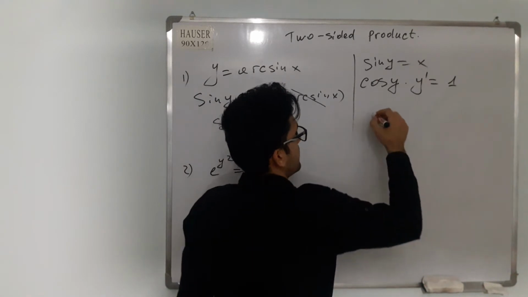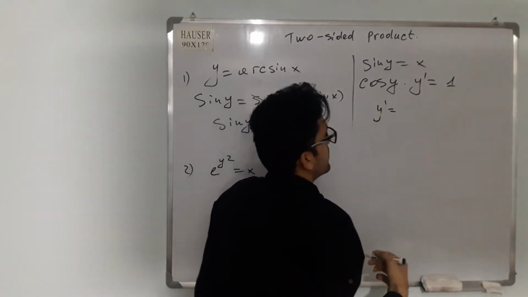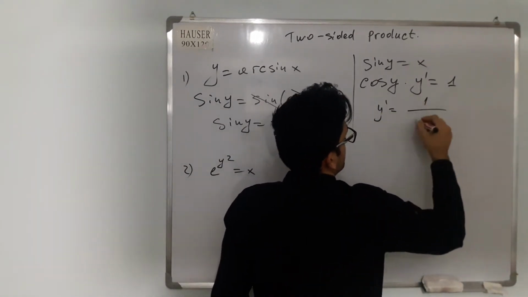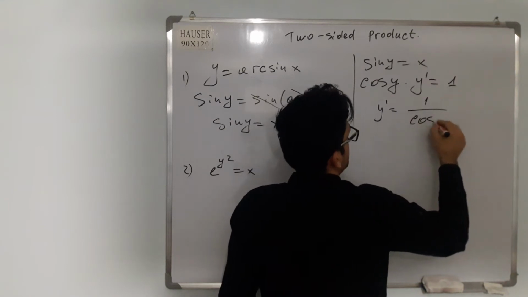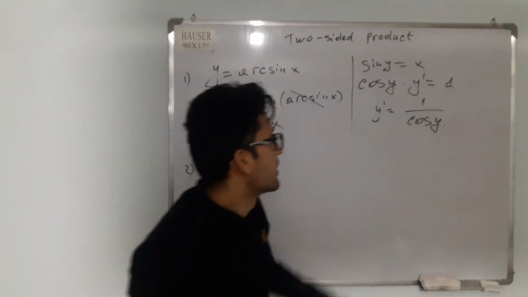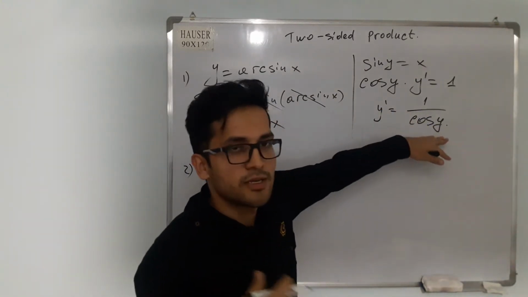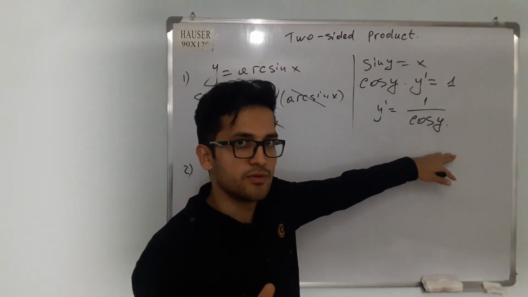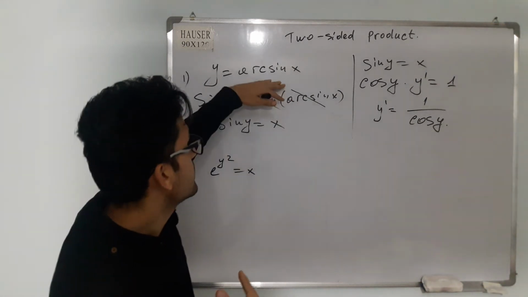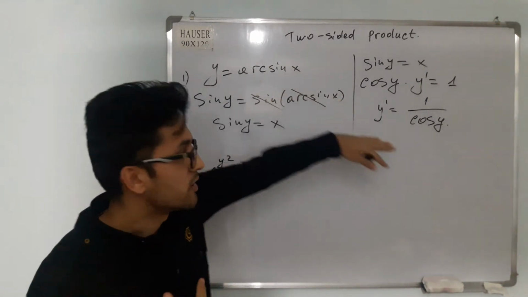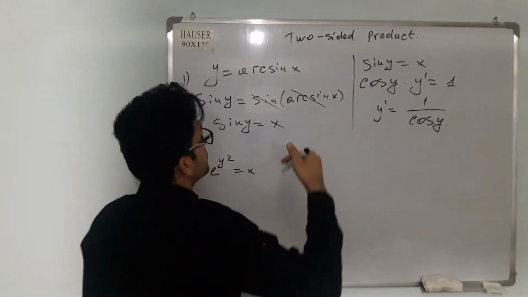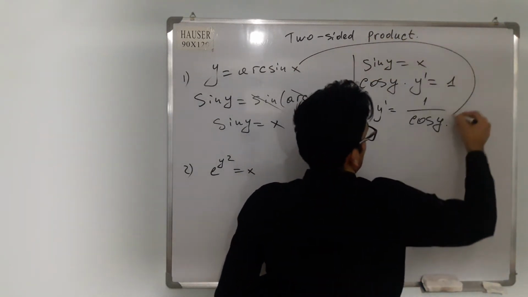Here also we shall find the value of y prime, and it will be 1 divided by cosinus y. So here the derivative of y is connected with y, but it is not connected with x. We should connect it with x, not y. So here we should just put the value of y here.